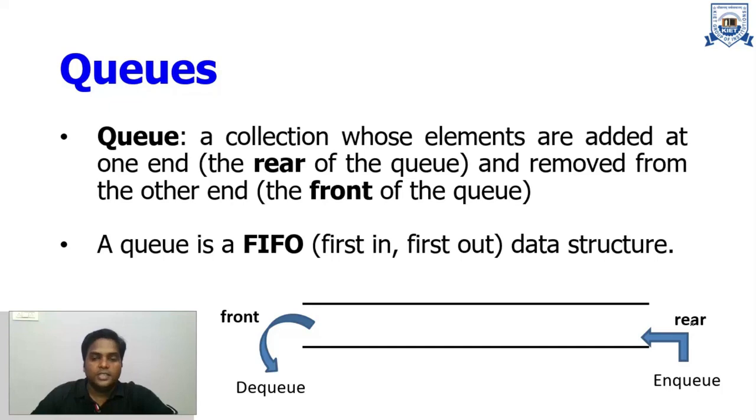You can change the position of these two variables. There may be a possibility that rear will be here and front may be here, but always remember that the insertion will always be performed from rear end and deletion is always performed from front end. That is the important concept in queue.